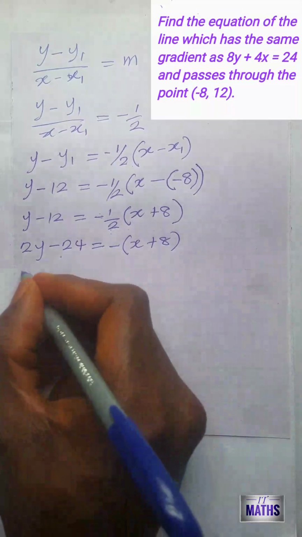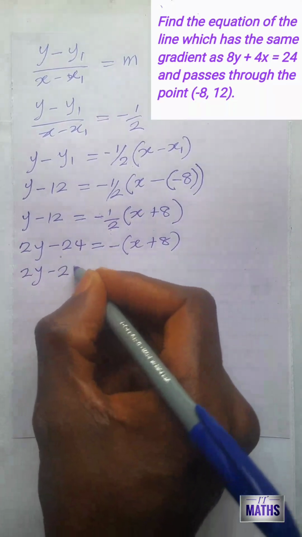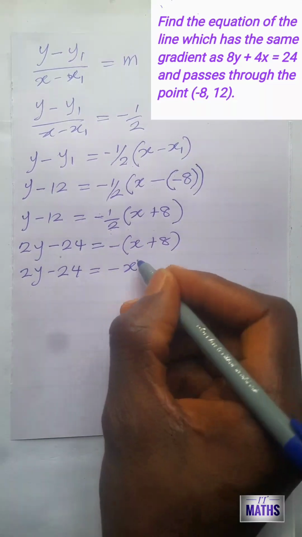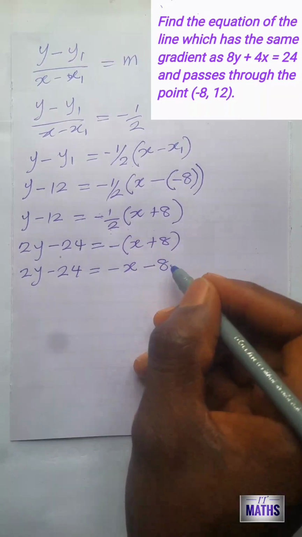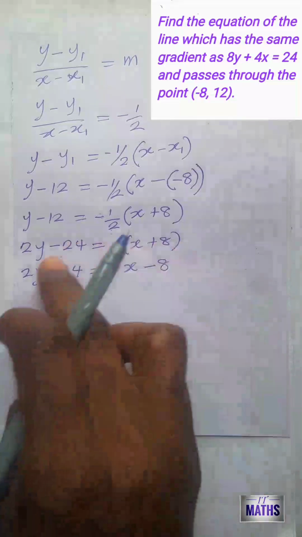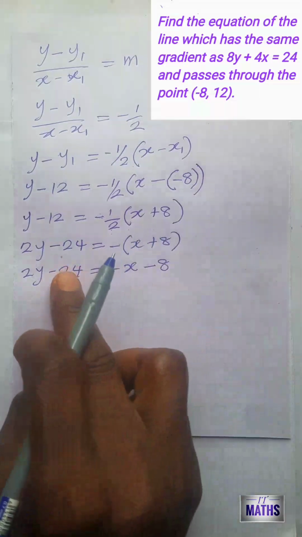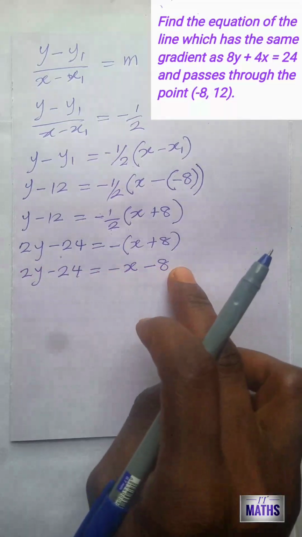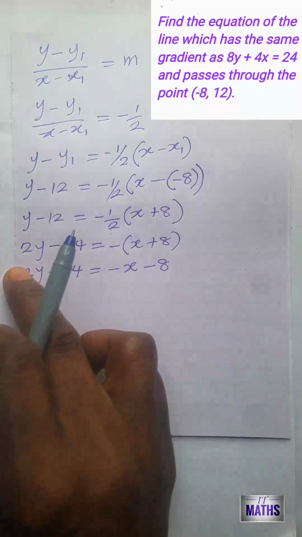Let's take it step by step so that we don't make any mistake or confuse anybody. This is minus, I'm opening the bracket now, minus x, and minus 8. Now I can rearrange it, equating everything to 0. So these guys are going to leave here and come over here.